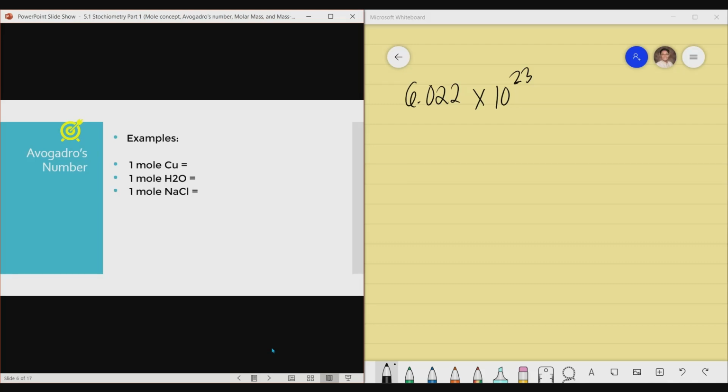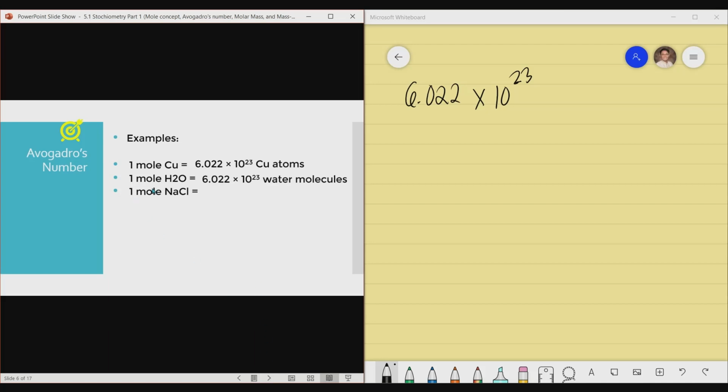Now examples. How is the Avogadro's number used? Say for example, you have 1 mole of copper. Now 1 mole of copper is equal to 6.022 times 10 raised to 23 copper atoms. Now what if you're asked 1 mole of H2O, 1 mole of water. 1 mole of water is equal to Avogadro's number and the unit will be any elementary entity.